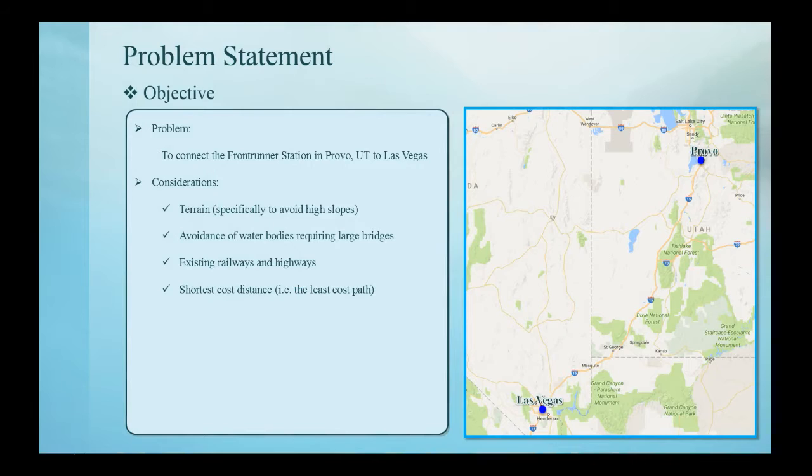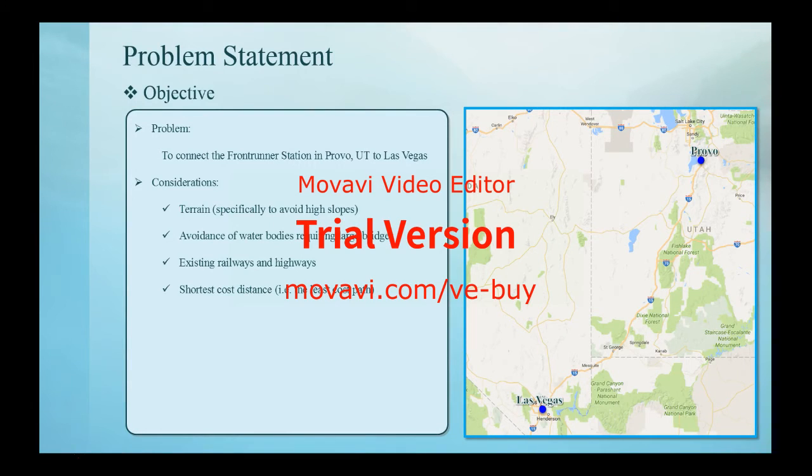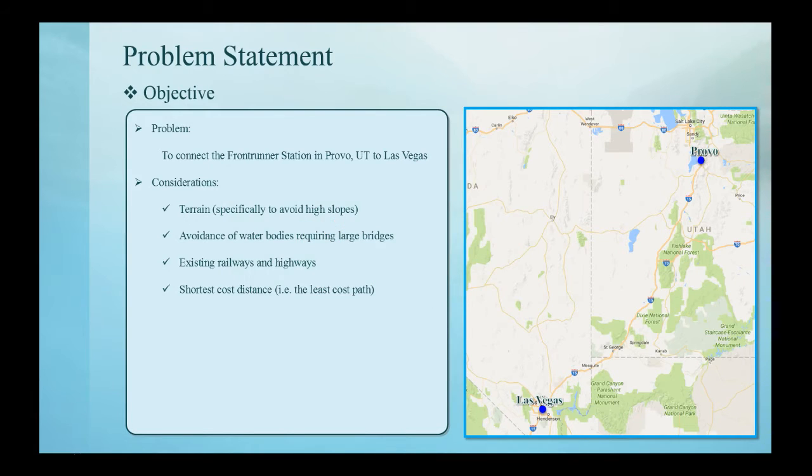So the problem statement is to connect the FrontRunner station in Provo, Utah to Las Vegas. This project is to find the best railroad way from Provo to Las Vegas. To complete this project, we have to consider four things.